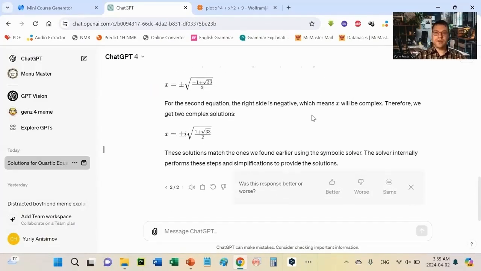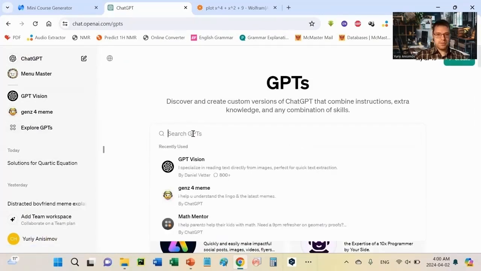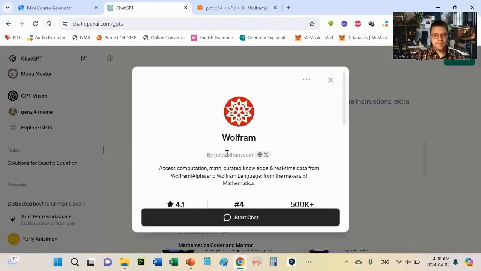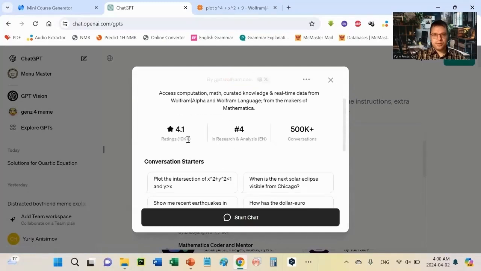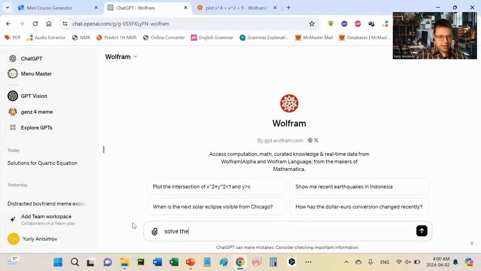Let's go to Wolfram Assistant now, right? Go to Explore GPTs. All right, search GPTs, Wolfram, there you go. Okay, you see 4.1 ratings, 500k conversations. So let's start a chat with Wolfram Assistant. Solve the equation x to the 4 plus x squared plus 1 equals 9.